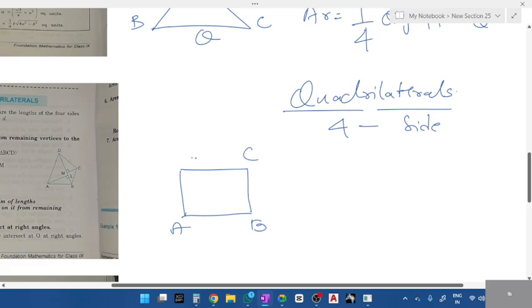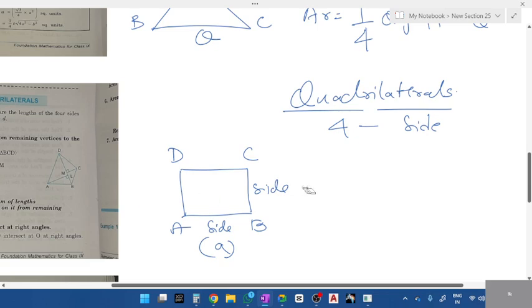In depth, I'll explain tomorrow or the day after. For a square, students, all four sides are equal. If I name one side as A, what about the other three sides? Everything will be A, right?